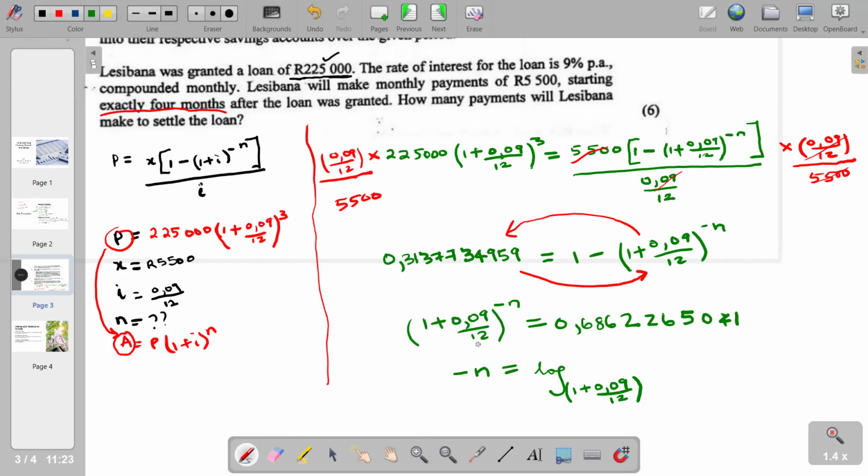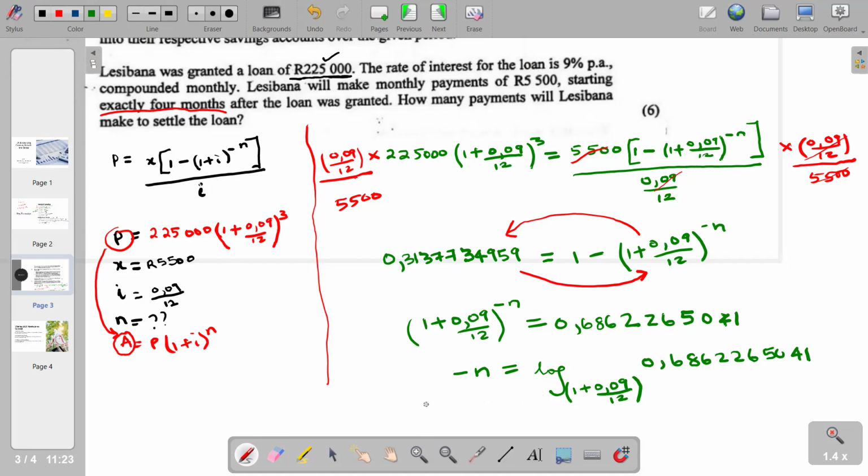Because we are trying to avoid taking a rounded off value there, since we already have another one which is rounded. So we do not want to distort our answer. So it means we need to go to our calculator and punch that answer, 0.68622654041.